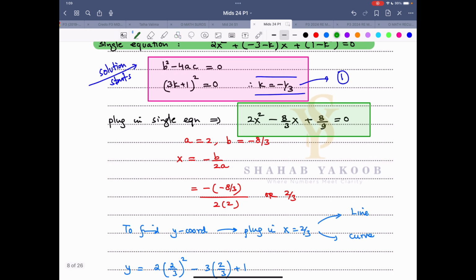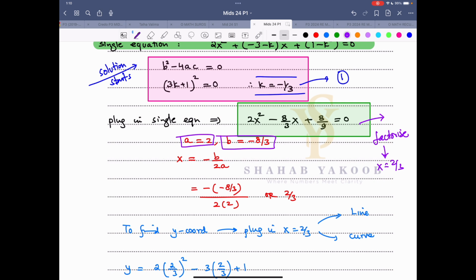Once you do this, you find the value of a is 2 and b is this thing. Now there are 2 approaches. Either I factorize and then I'll find the value of x is 2/3.